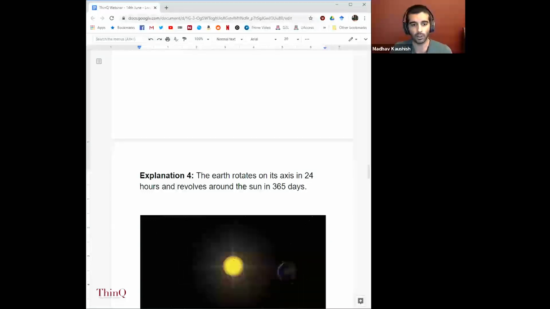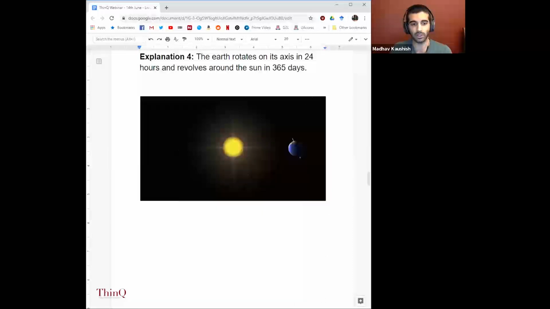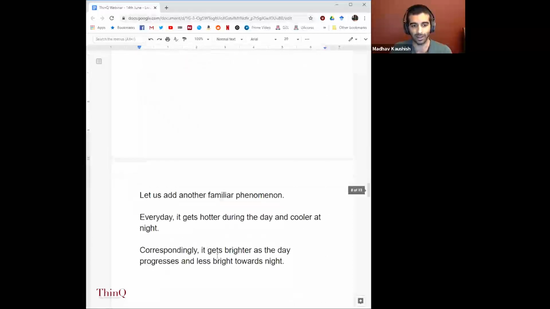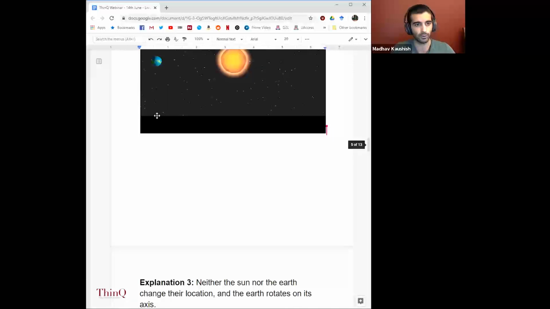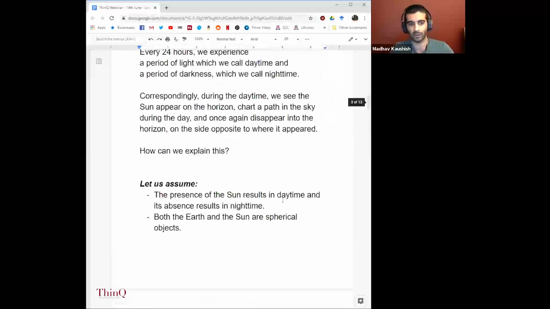So, in order to explain that, we need to add another assumption to our initial two assumptions. Let me go back up to them. The initial two assumptions, which Aditi just mentioned, were that the presence of the sun results in daytime and absence results in nighttime, and both the earth and sun are spherical objects. Now we need to add in that light and heat are related to each other in some way.